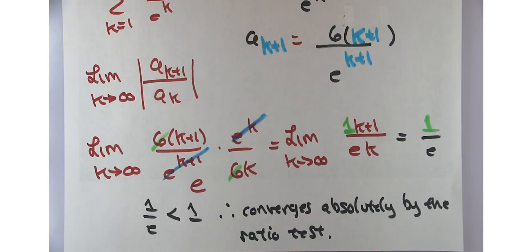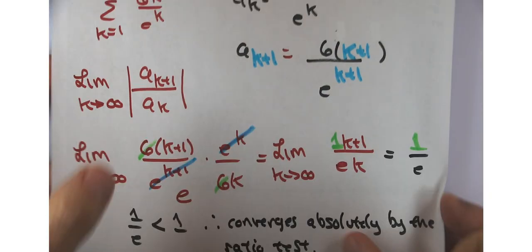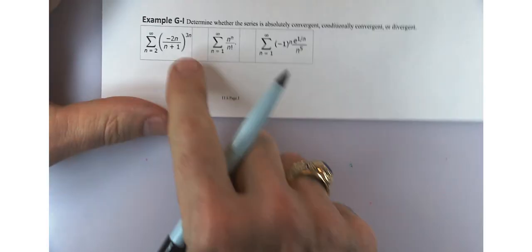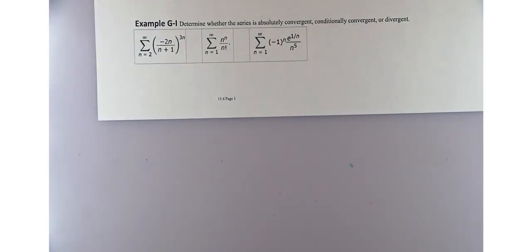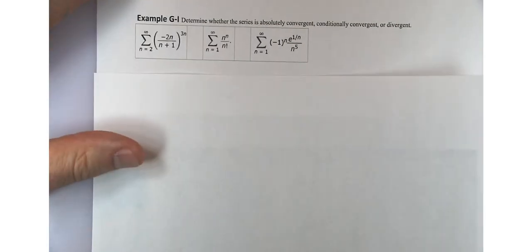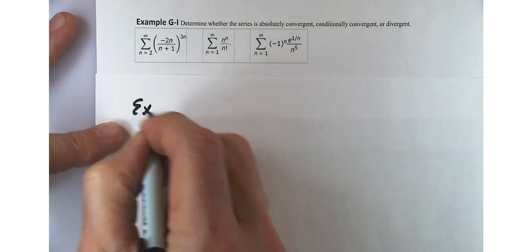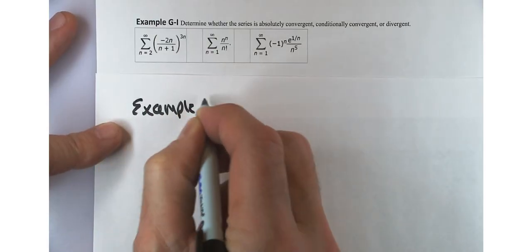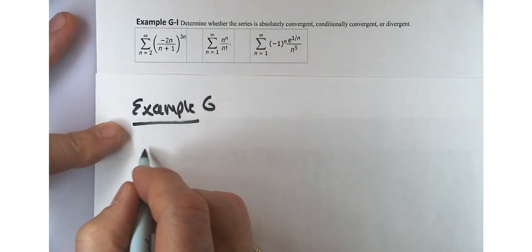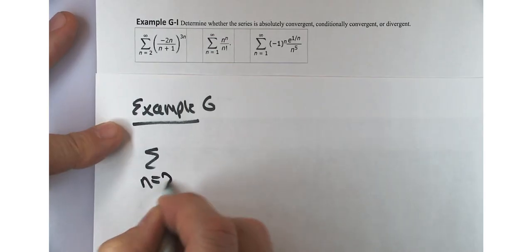Let's take a look at example G. So I'll move up to this one here. So for example G, we've got the sum from n equals 2 to infinity.